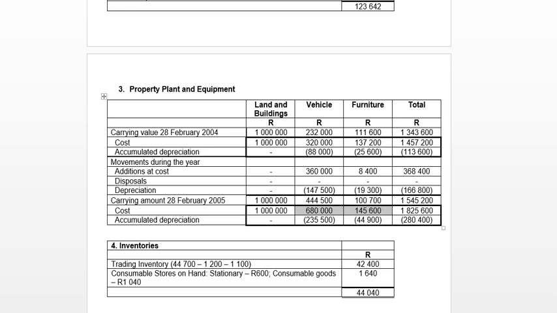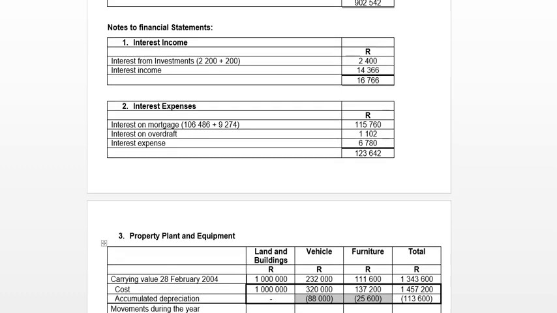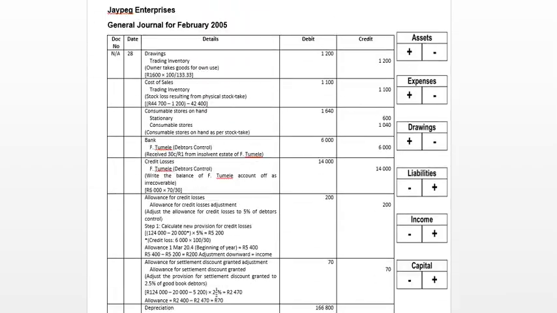And for furniture it's 145,600 Rand. So in total, it's 1,825,600 Rand. For vehicles, our opening accumulated depreciation was 88,000 Rand, and for furniture, it was 25,600 Rand.